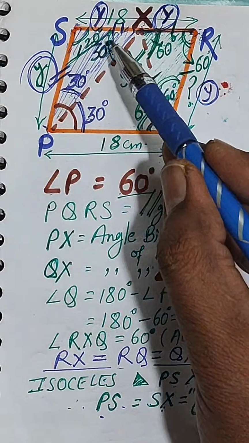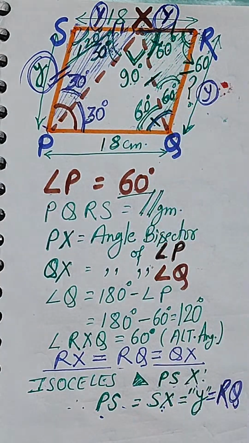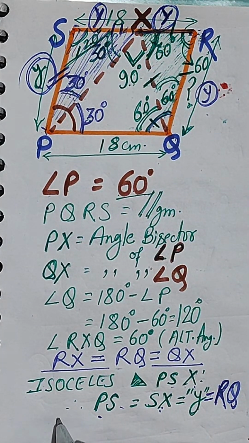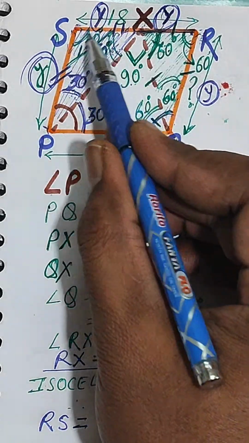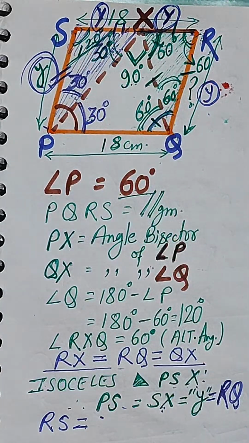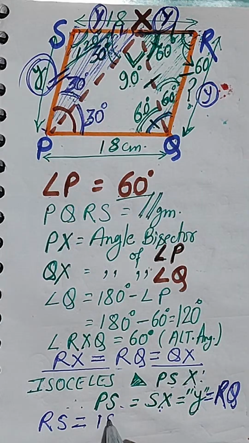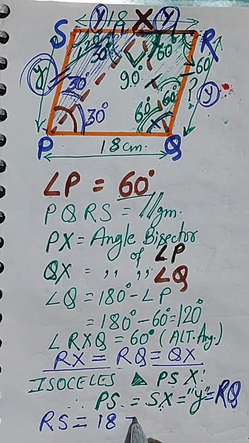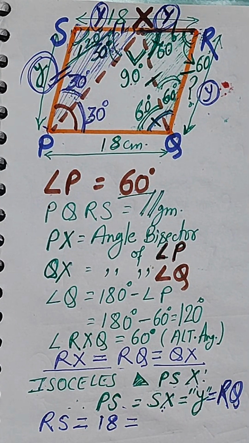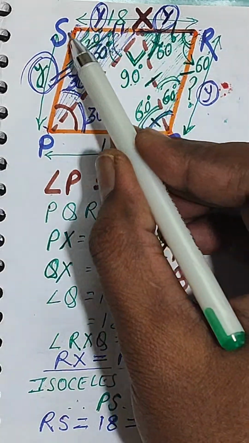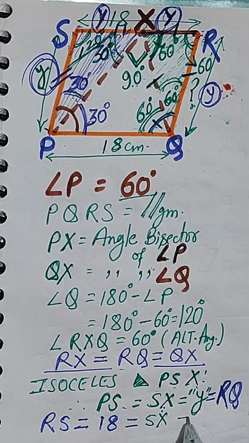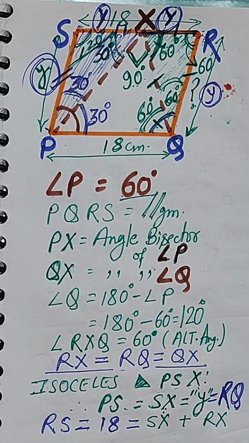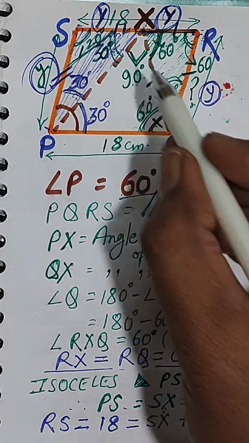Then can we say that this Y plus this Y, that means the value of RS is equal to the length of PQ, being opposite sides of parallelogram, which is equal to 18. And RS is SX plus RX. And what is SX?